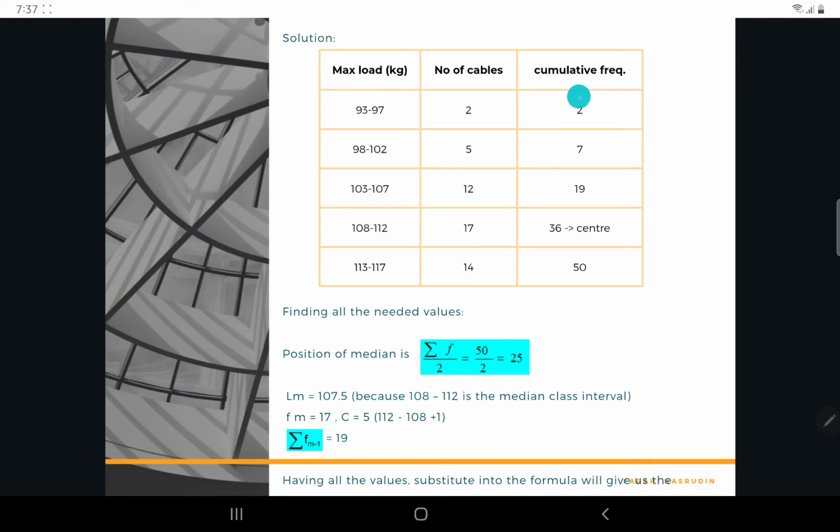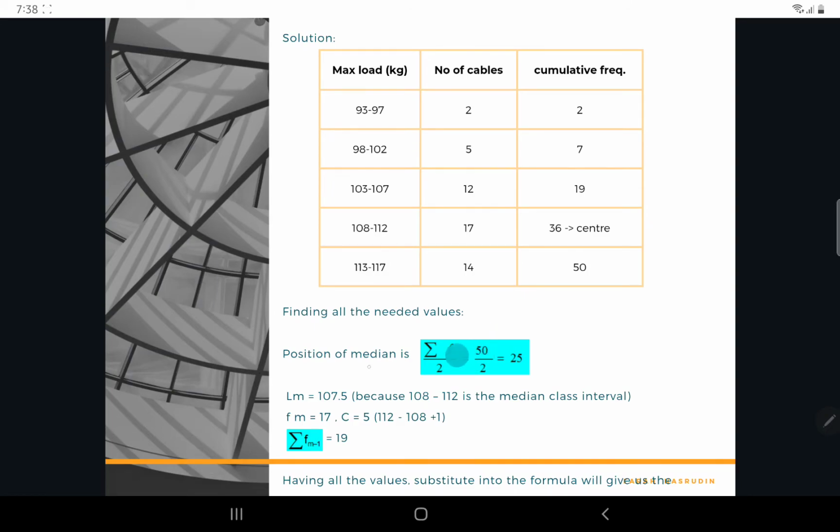Okay, how to find the cumulative frequency? 2, dekat di sini 2, and then 2 plus with 5 equal to 7. 7 plus with 12 equal to 19. 19 plus with 17 equals 36, and 36 plus with 14 equals 50. Okay.